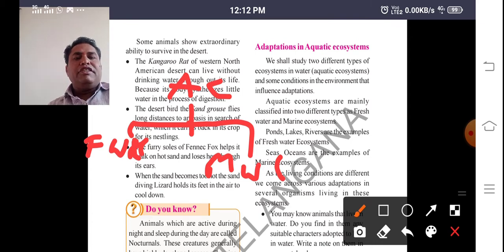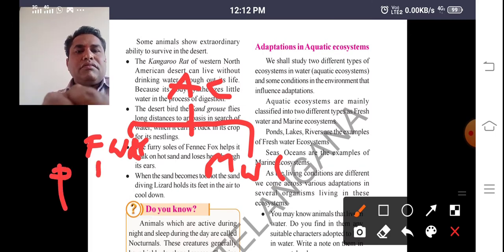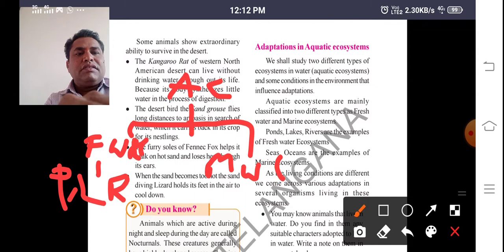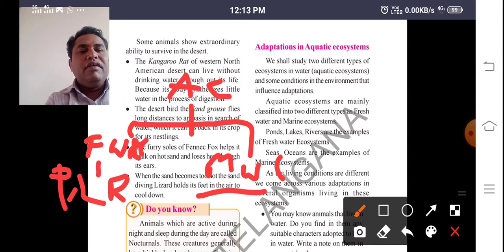When we take examples for freshwater ecosystem, generally we take ponds, lakes, rivers as examples for freshwater ecosystem, whereas ocean water is an example for marine ecosystem.